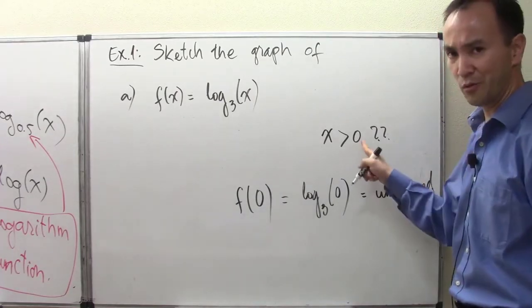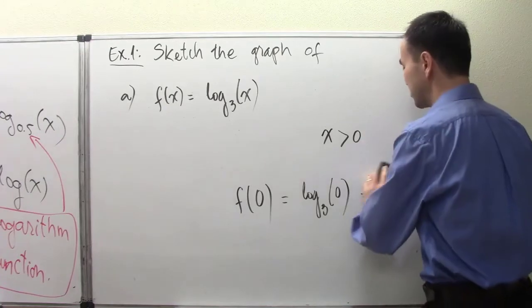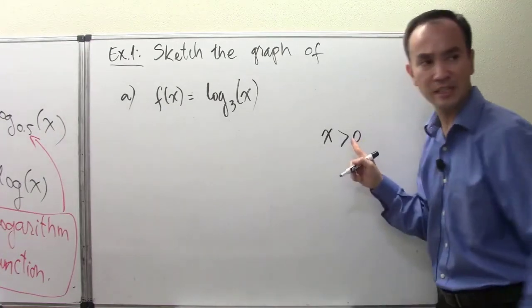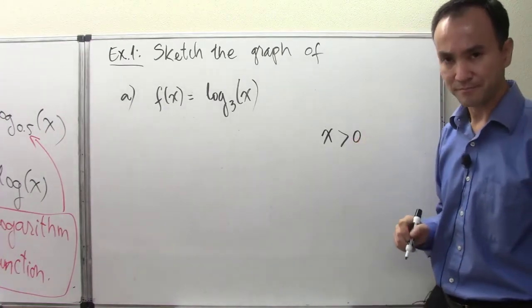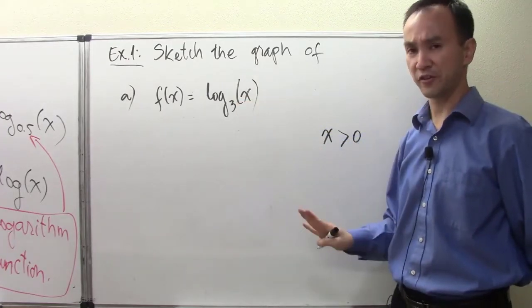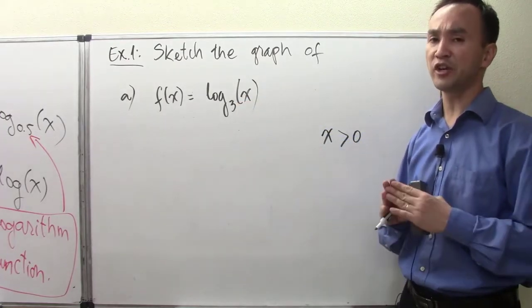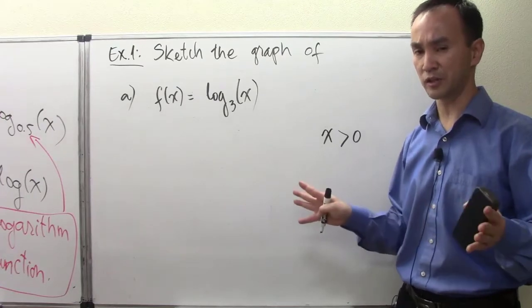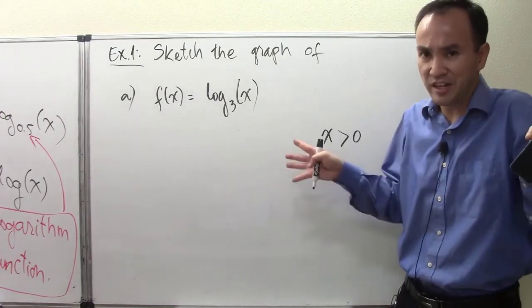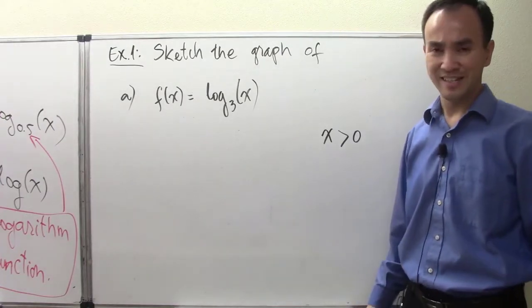So now we are firm that the input has to be completely positive for this function. I have not made any generalizations about all log functions out there yet, because we still haven't gotten to a formal definition.